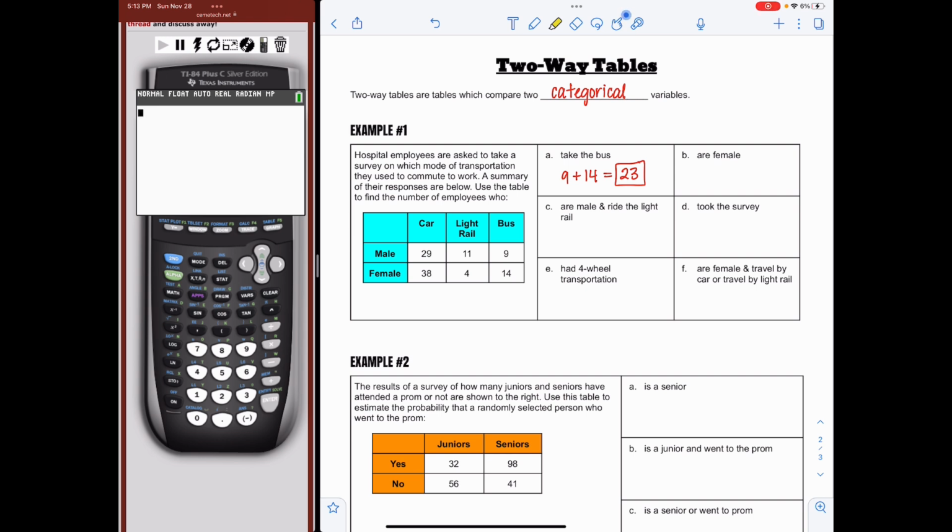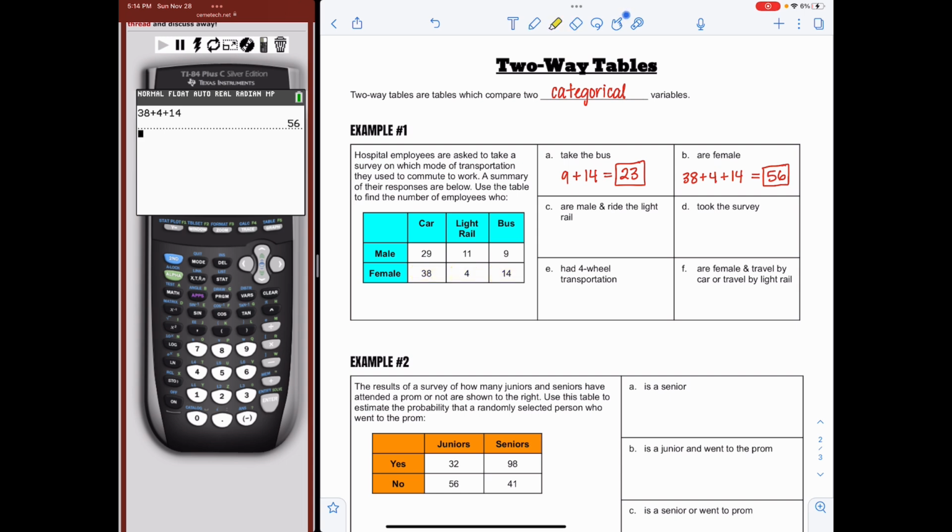So there are 38 females who ride in the car, 4 females who take the light rail, and 14 females that take the bus. So if I add all of them up, 38 plus 4 plus 14 is equal to 56. So there are 56 females who took this survey.